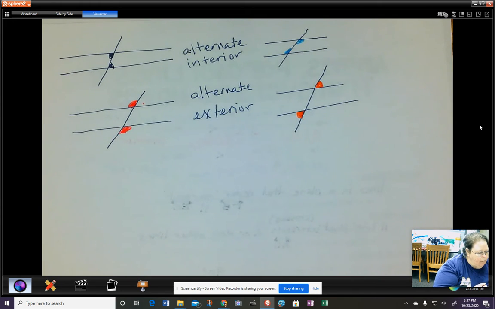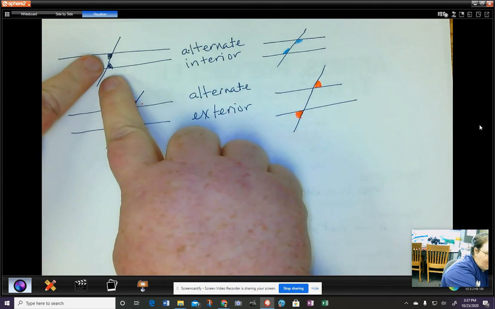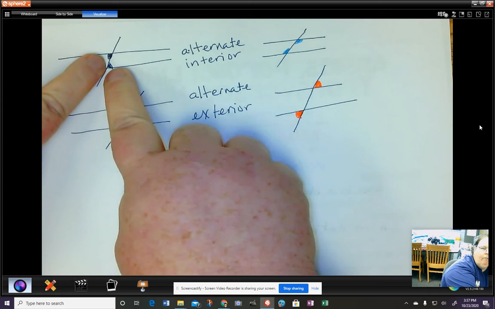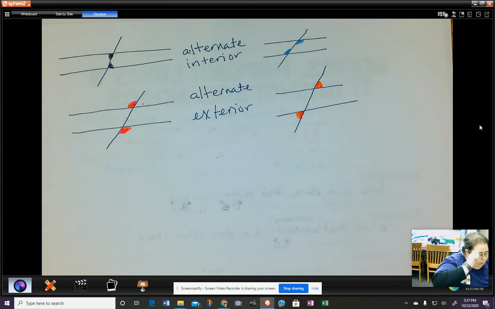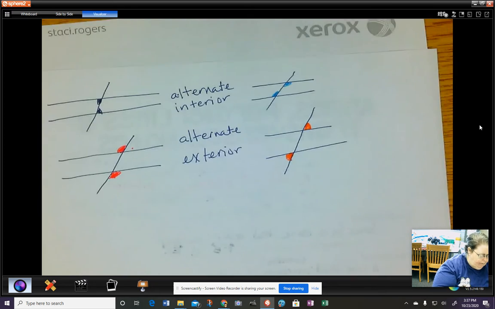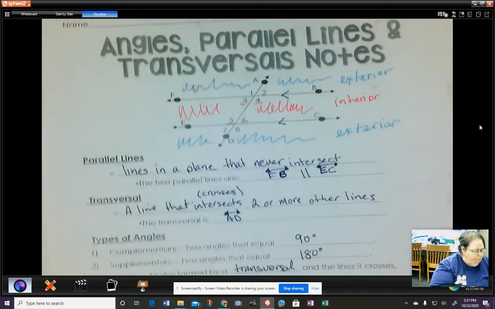Alternate interior, alternate exterior. Those are all congruent. This one is congruent to that one. This one's congruent to that one. I think the hardest ones to see are the exteriors because I can see the interiors a lot easier than the exteriors. Exteriors, okay? On the other side again.